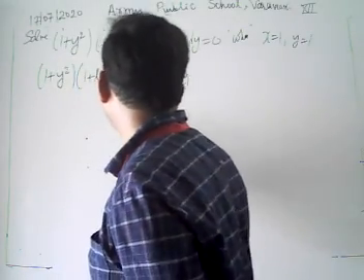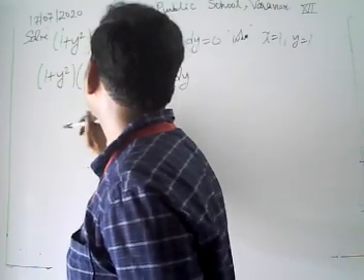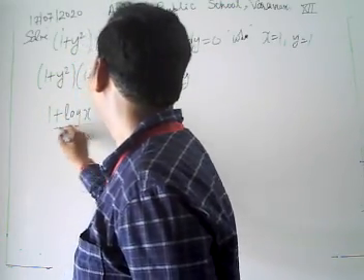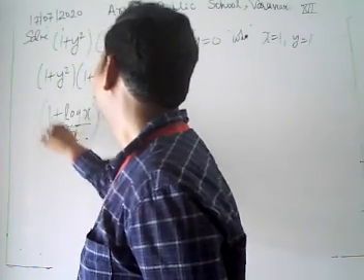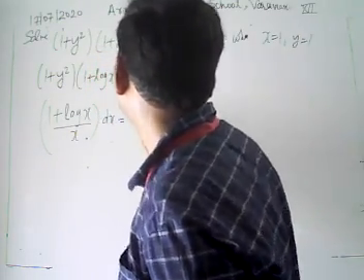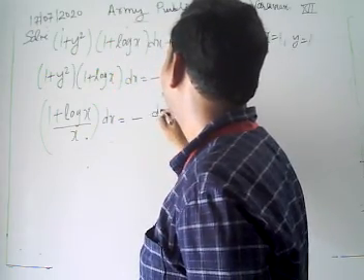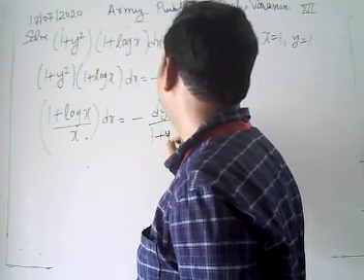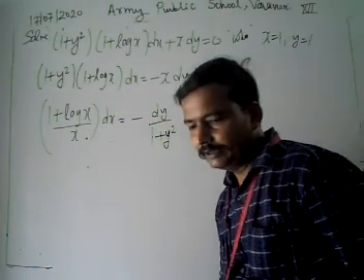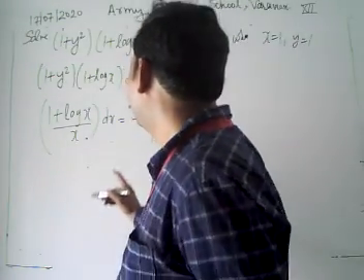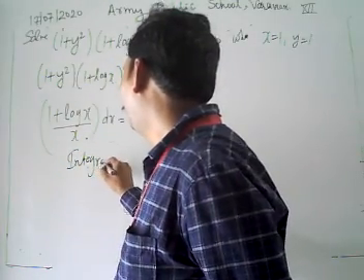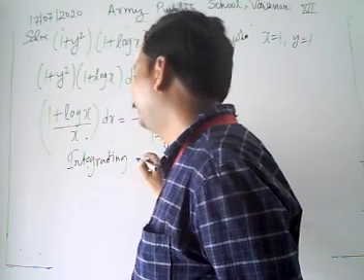Taking 1 plus y square and x, we have 1 plus log x by x dx is equal to minus dy by 1 plus y square. Now our variables are set. Now we have to integrate this, integrating on both sides.